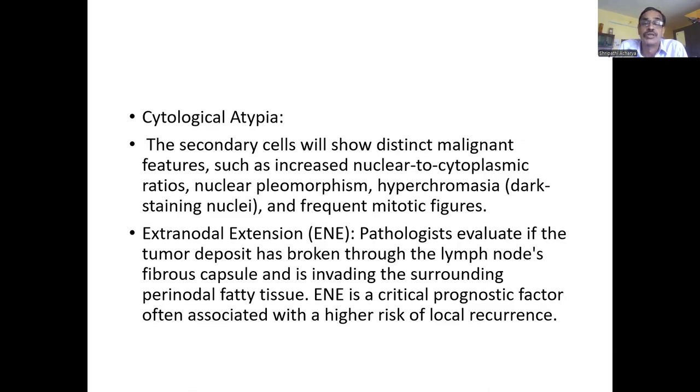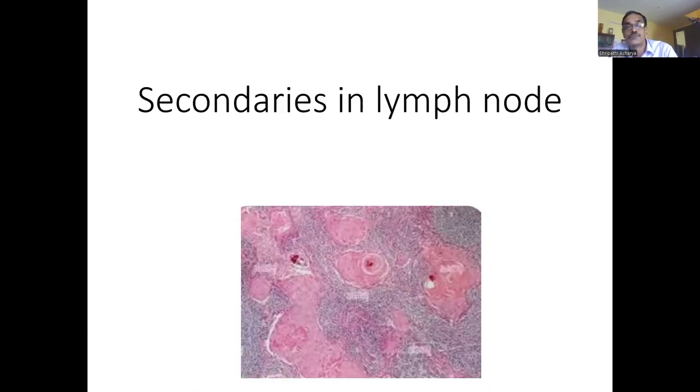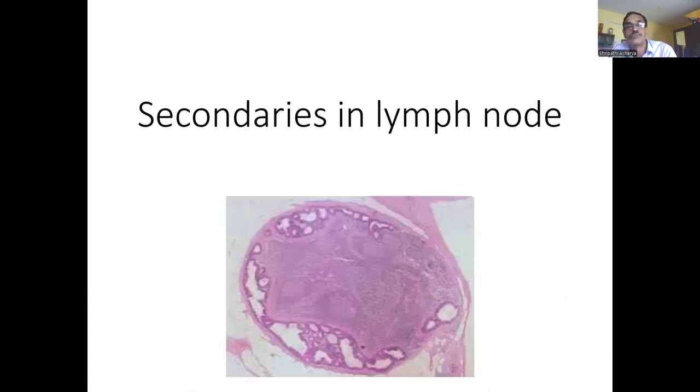Extranodal extension: pathologists evaluate if the tumor deposit has broken through the lymph node's fibrous capsule and is invading the surrounding nodal fatty tissue. Extranodal extension is a critical prognostic factor, often associated with a higher risk of local recurrence. The secondaries in the lymph node. Another picture, secondaries.